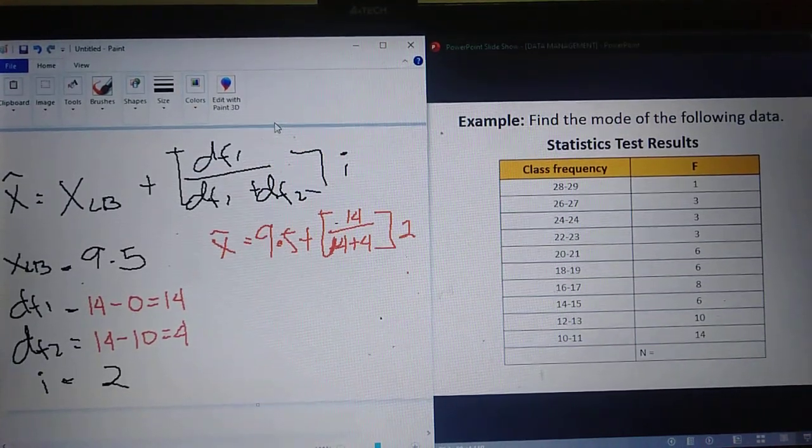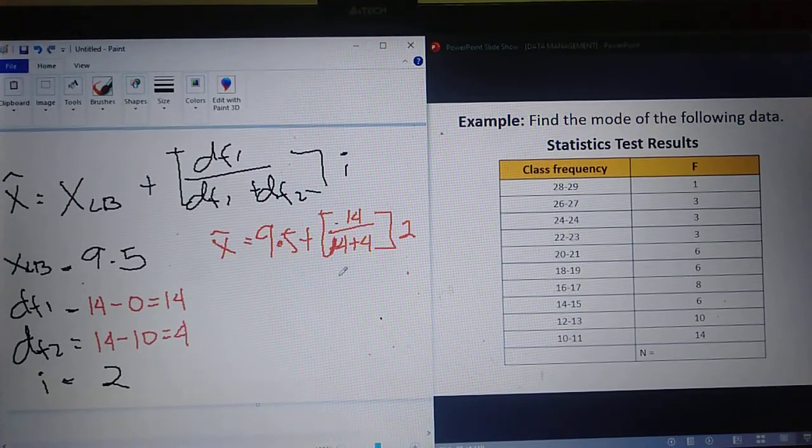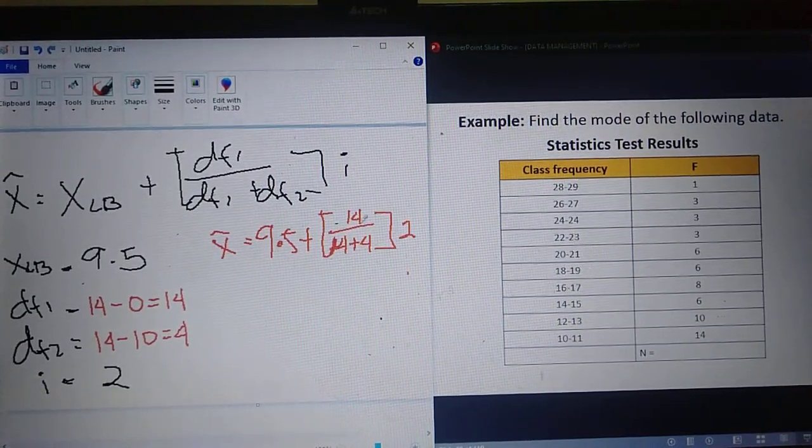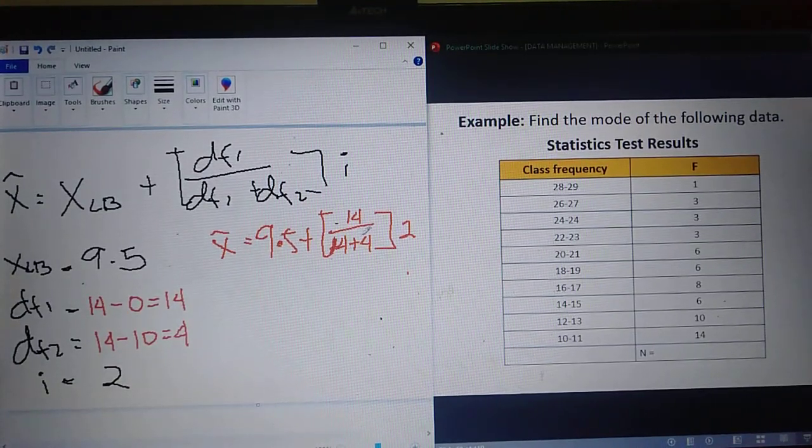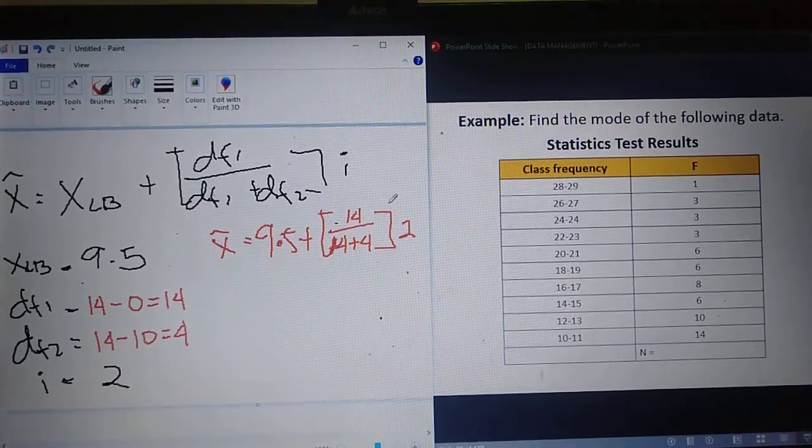Ayan, so 9.5. So, divide lang natin to. 14 divided by 18 is 0.777 or 0.78. Multiplied by 2. Okay, times 2 natin.